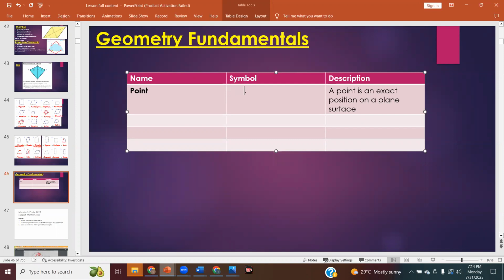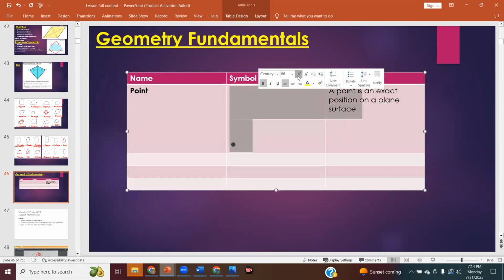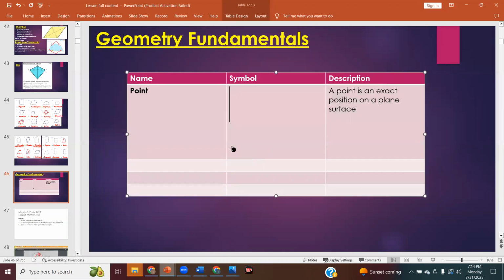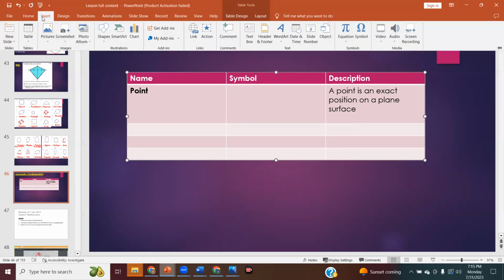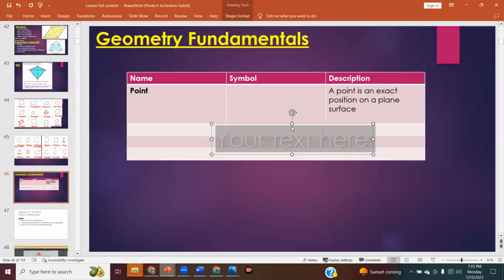Now a point, interestingly enough, is zero dimensional. So a point has no length. Not only does it have no length, a point has no width. A point has no height. It's zero dimensional. But a point is an exact position on a plane surface.